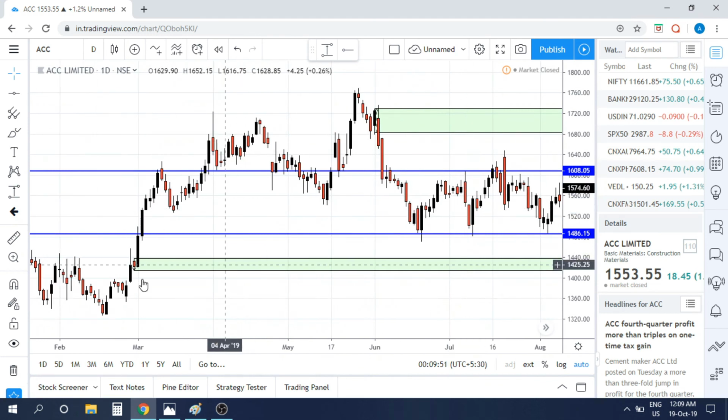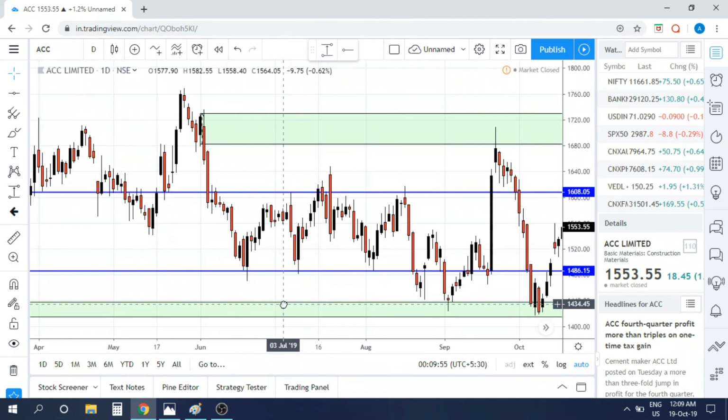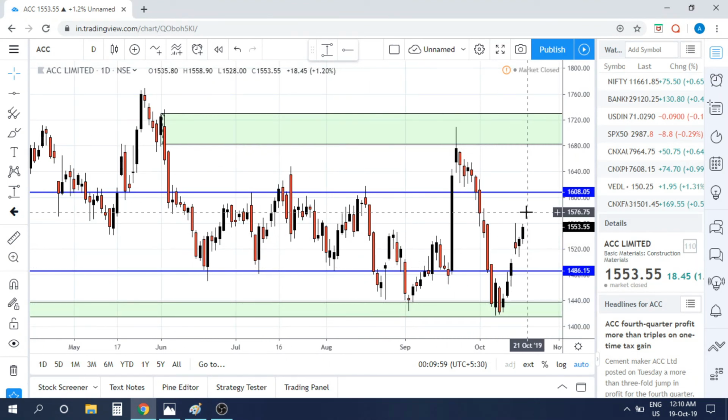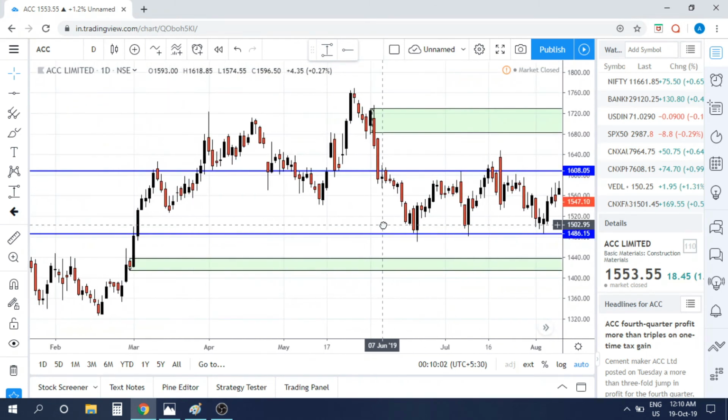And see how this demand was basically a true demand, how the order flow is getting unleashed again and again from that particular price range. So this is what they do actually.